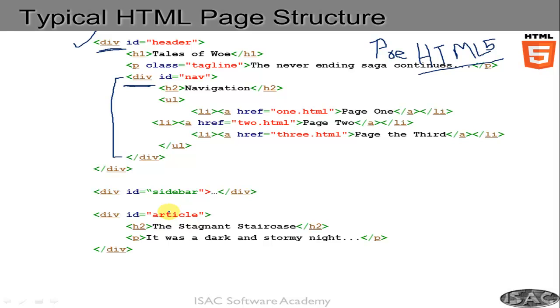That was fine, but what happens if somebody develops software or an audio software which will read this page and try to understand what exactly it is? It is very difficult to find out, because anything you can put here. You don't know whether it is really a header, a sidebar, or an article.